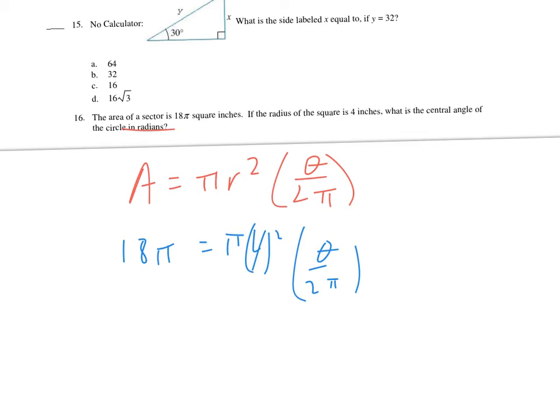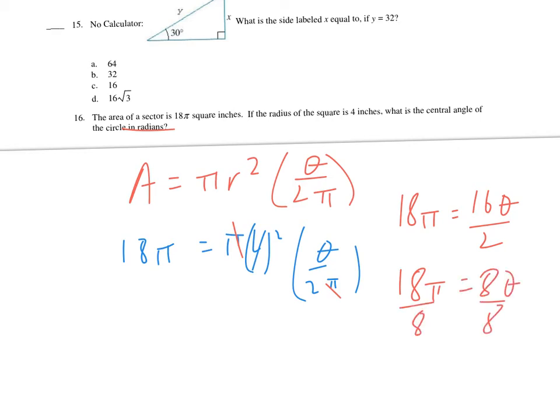Now I would immediately cancel out my pi's on this side. This one, we cannot cancel the 4 and the 2 because of PEMDAS. So I'm going to say 18 pi equals 16 theta over 2, and so 18 pi equals 8 theta. Then divide that by 8. Theta equals 9 pi over 4.